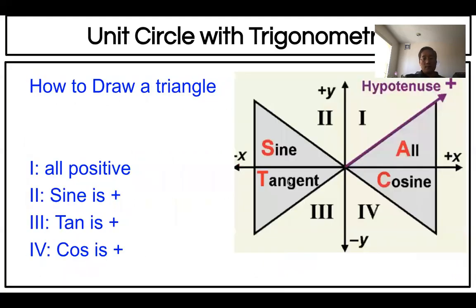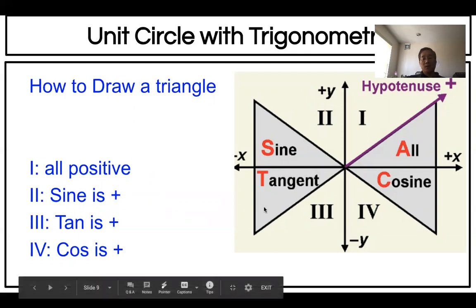So if you see it, just remember "All Sin Tan Cos"; it's about the sign. When you finish everything and calculate everything, look at the result. In the first quadrant, all trigonometry values, sine, cosine, tangent, become positive. But in quadrant 2, only sine is positive, cosine and tangent become negative.